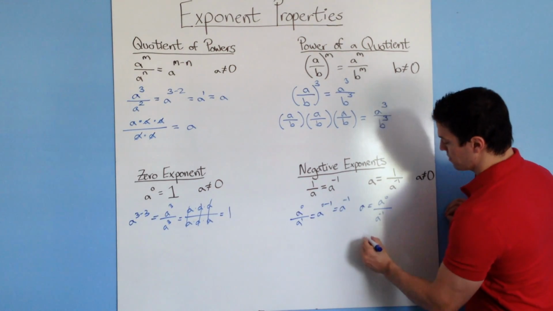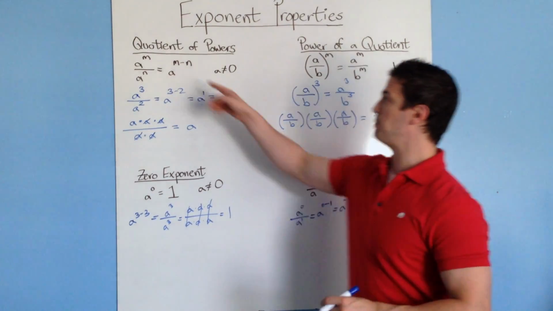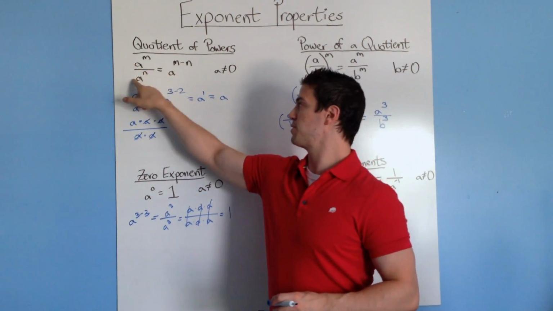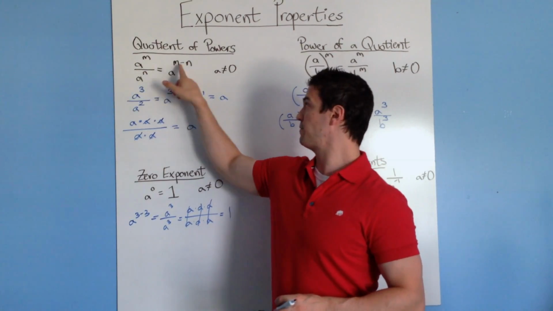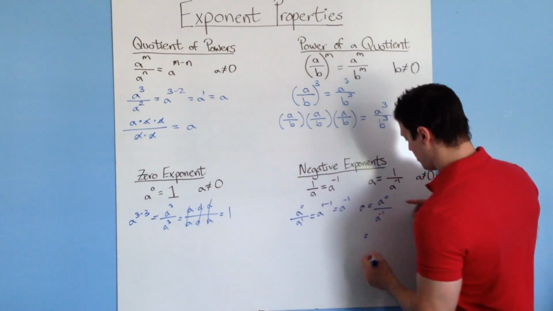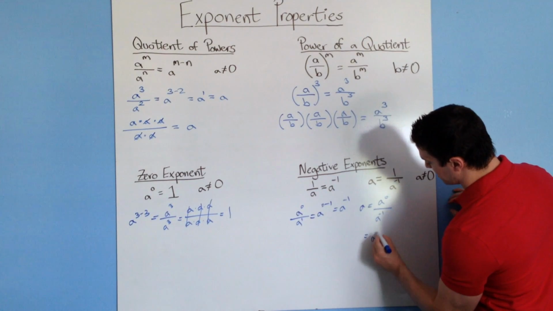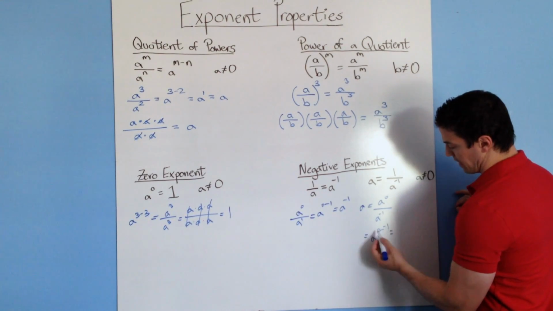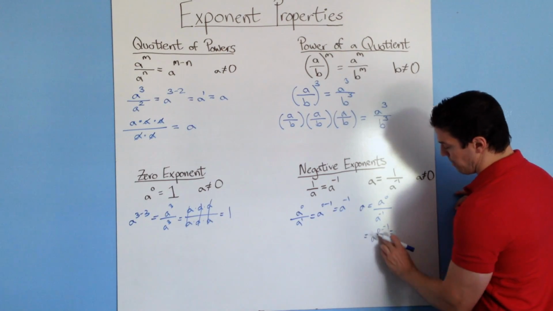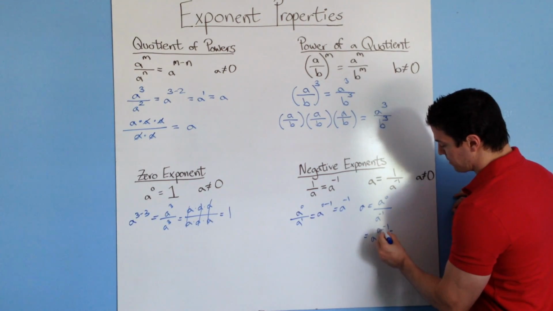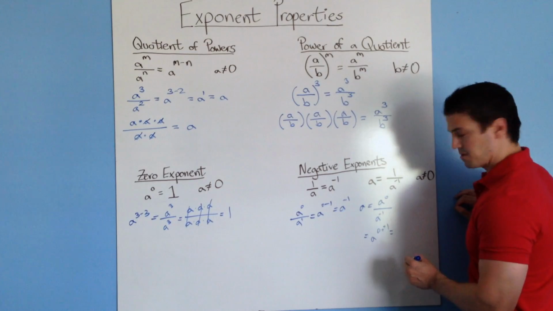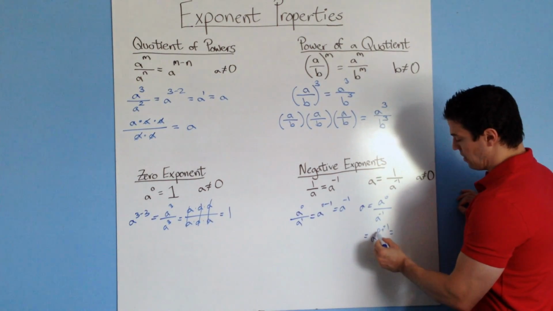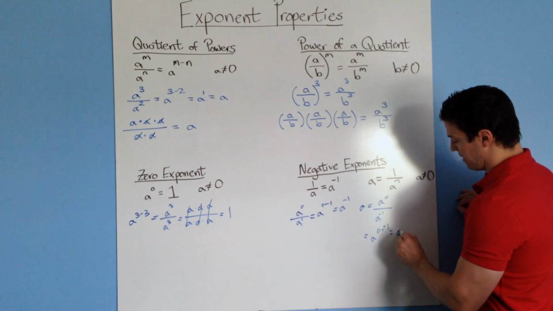We're going to use our quotient of powers rule again, where if we're dividing two numbers that have a similar base, all you have to do is subtract the exponents. So this will be a to the 0 minus negative 1. 0 minus negative 1, a minus and a minus together would make a plus, minus a negative makes a plus, so you end up having a to the 0 plus 1 equals a.